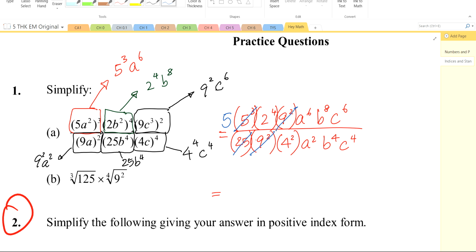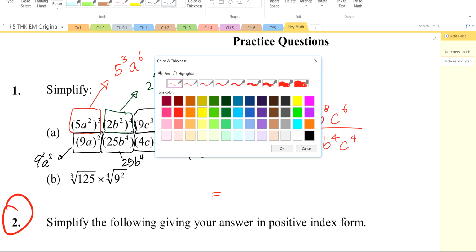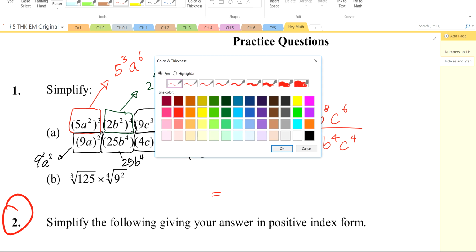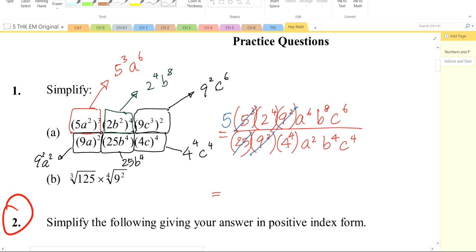4, oh yeah, what did I write? Oh, careless mistake over here. This is 4 to the power 4. Okay, then next. 2 to the power 4, 4 power 4. Can I simplify? Okay, what is left? In the numerator or denominator?